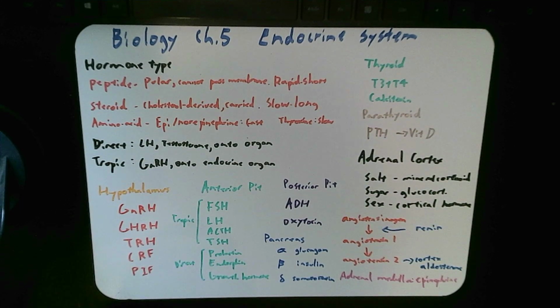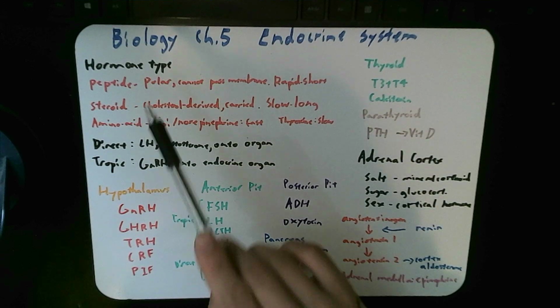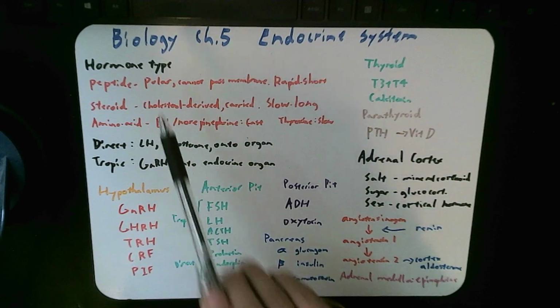Now, starting off with the hormone types, we have peptide. Peptide hormones are polar and they're small.